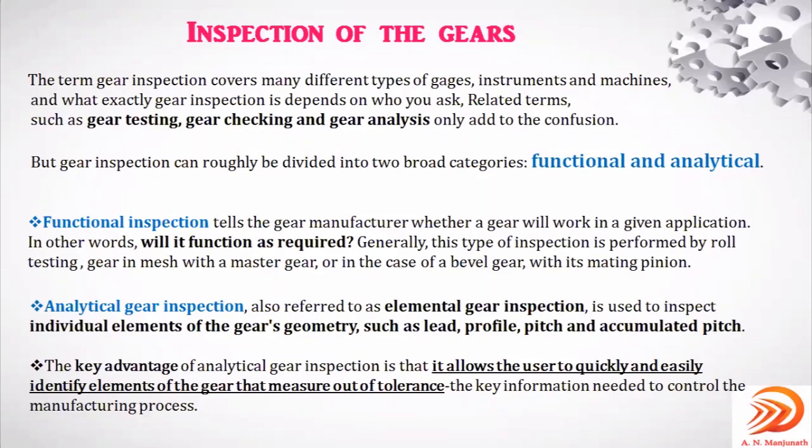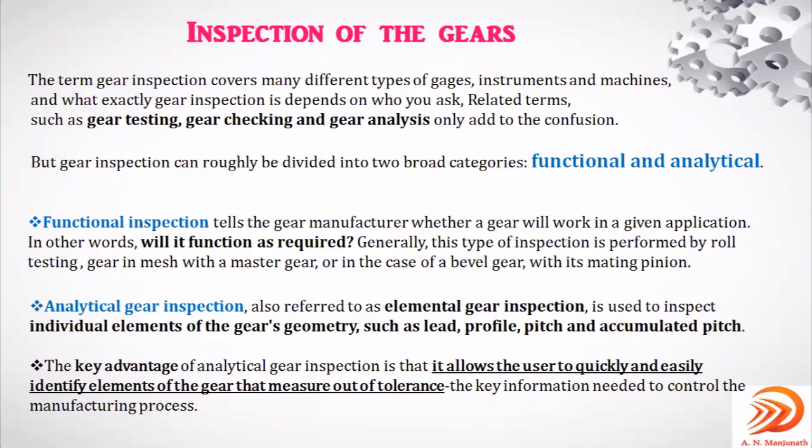For those gear inspections, generally the gear inspection can be classified into two broad categories. One is functional inspection, another one is analytical inspection. The functional inspection, as the name represents, is about whether the gear which is being manufactured will function or not.